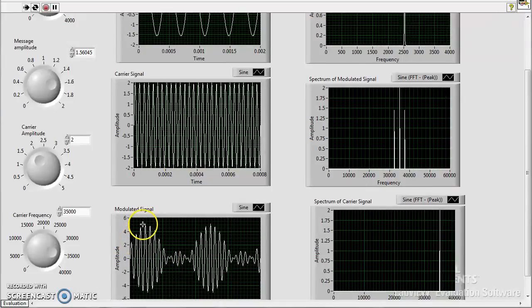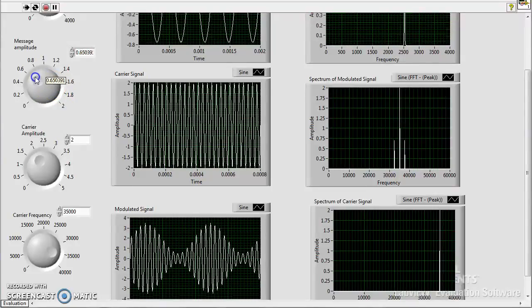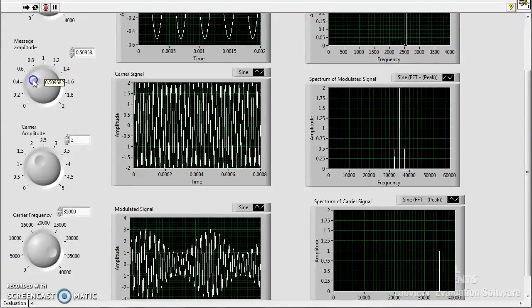But if I try to trace back an over modulated signal, we'll have a protruded waveform which will not be exactly that of your message signal. That is why we reduce the amplitude of the message signal. Now if I trace the peaks of the carrier signal, we could demodulate. Have a look at the spectrum also.